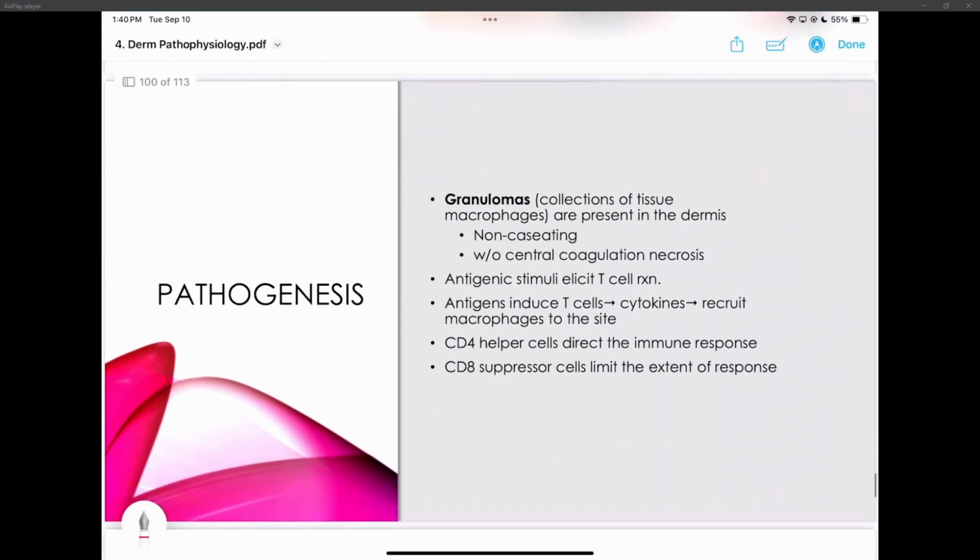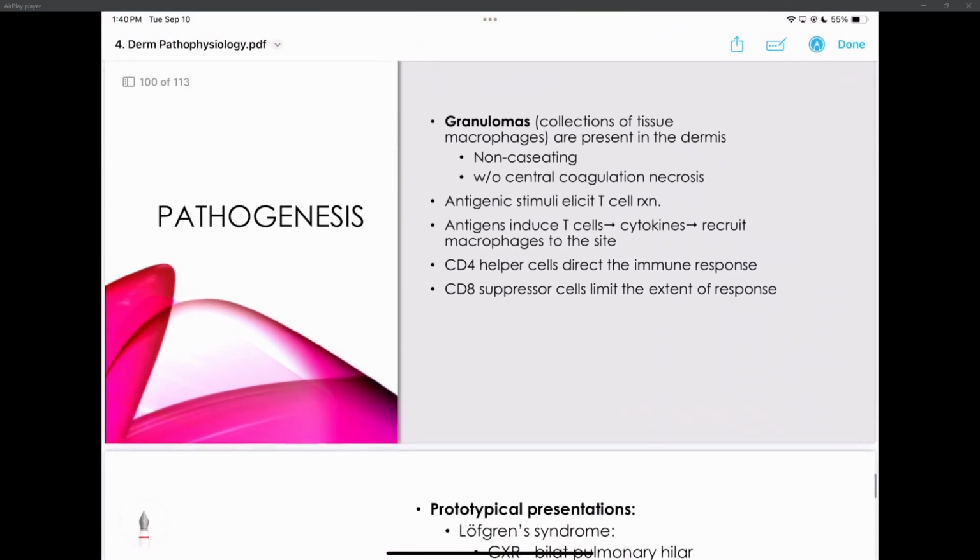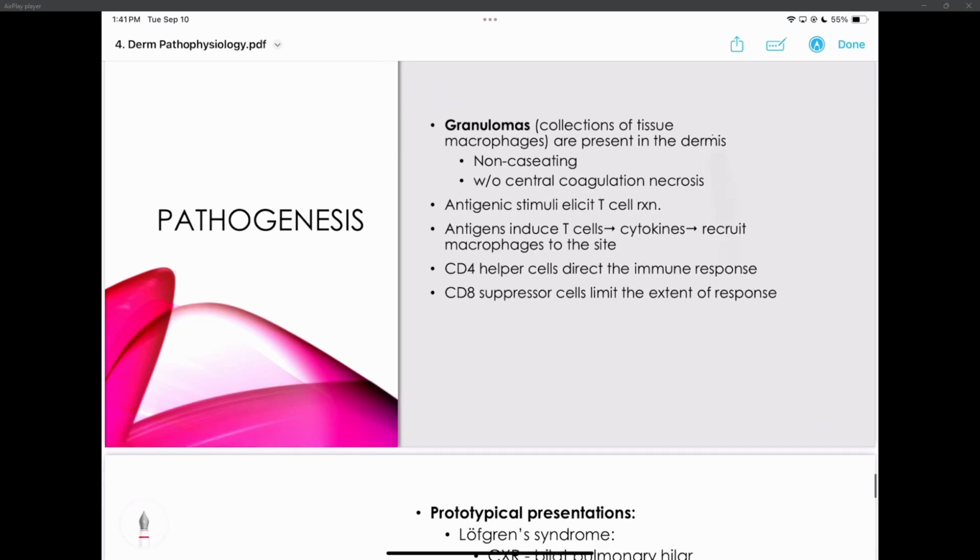So what is going on? We have these granulomas form, and they're present in the dermis. They're non-caseating, without central coagulation necrosis. What color would we be talking about if we said they had necrosis in the center?